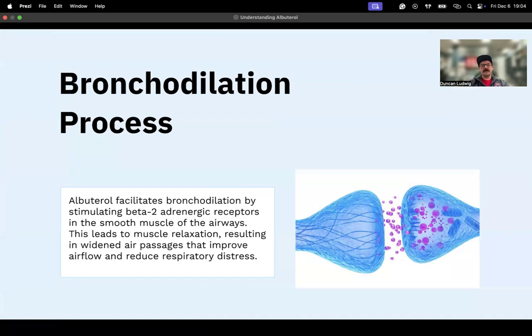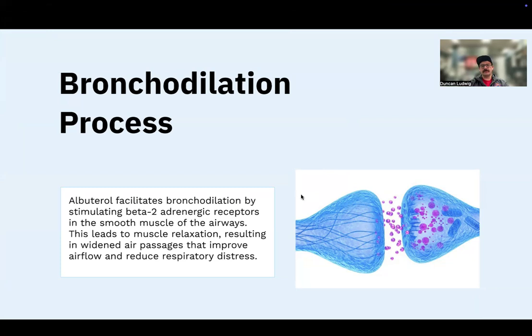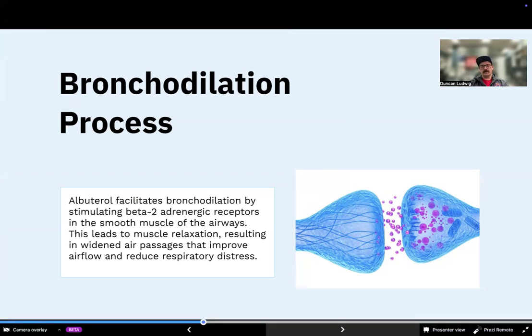Anyway, an essential, more advanced version of how it works is it facilitates bronchial dilation by stimulating the beta 2 adrenergic receptors in the smooth muscles of the airways, which leads to muscle relaxation, resulting in the widening of the air passages that improves airflow and reduces respiratory distress. Basically, it acts on those beta 2 receptors.